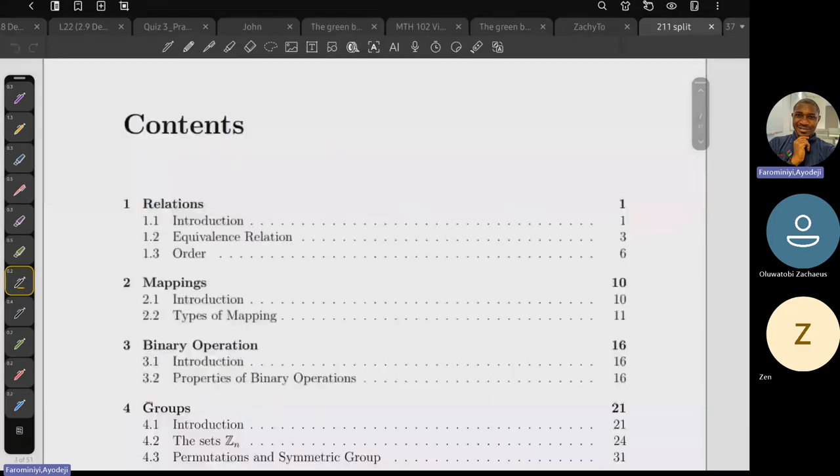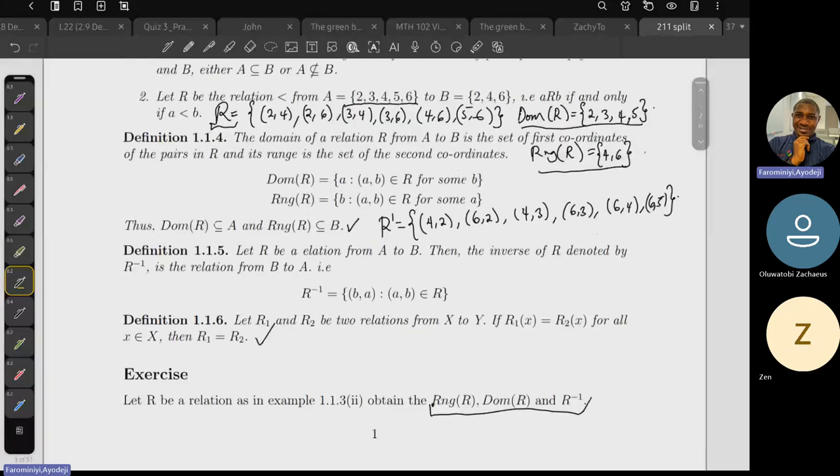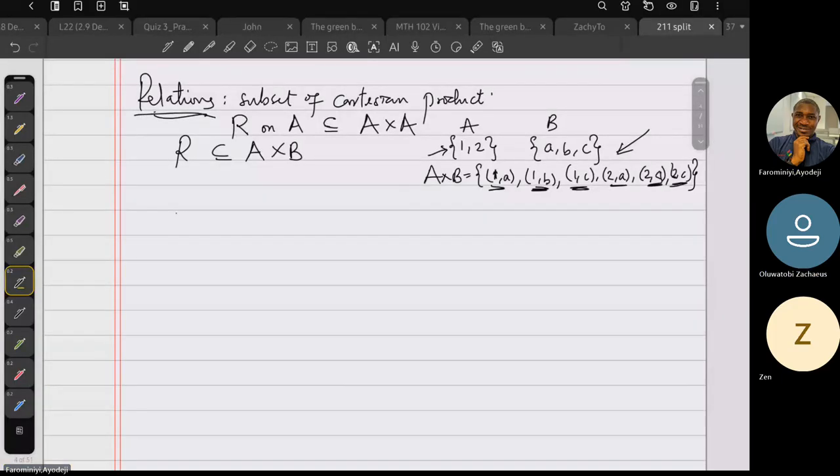Let me go back to that example if I still have it here: A is {2, 3, 4, 5, 6} and B is {2, 4, 6}.